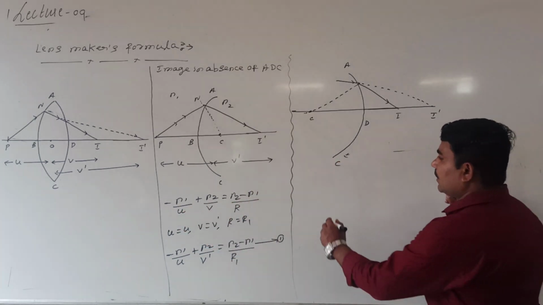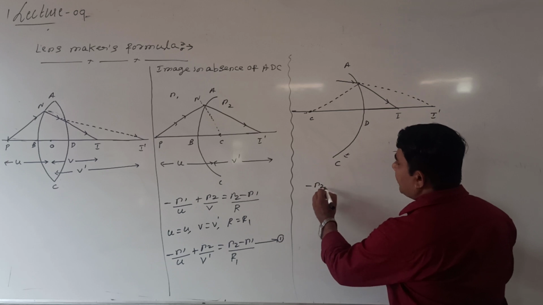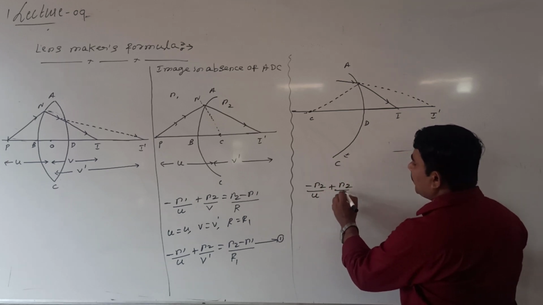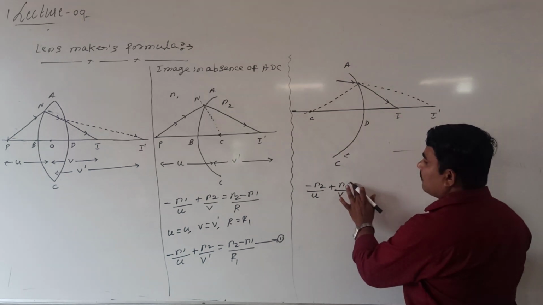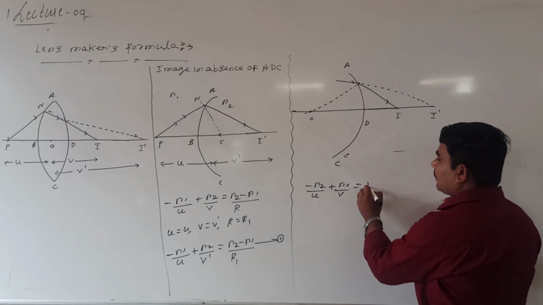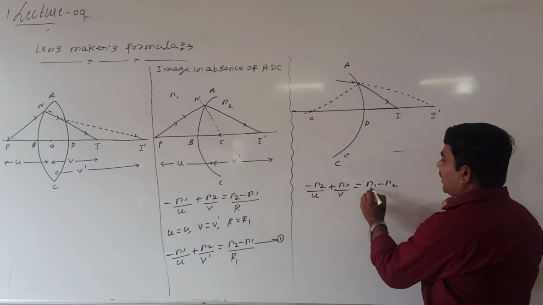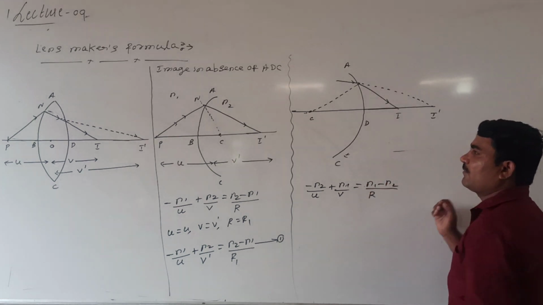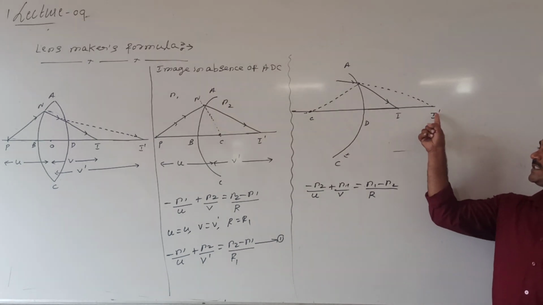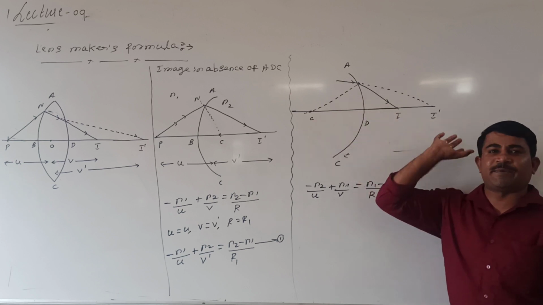How to write? Look at me. I can take minus n1 divided by u plus n2 divided by v, minus n2 divided by u plus n1 divided by v is equal to n1 minus n2 divided by R.